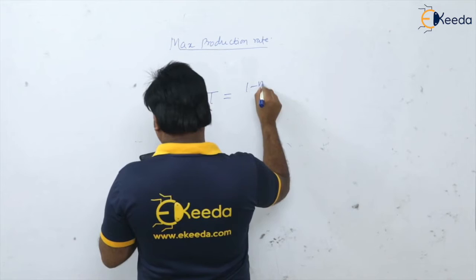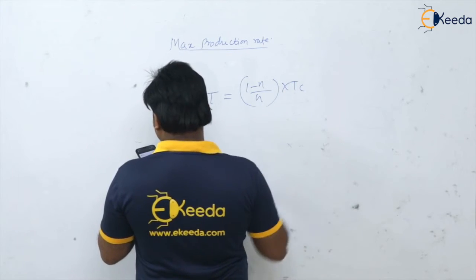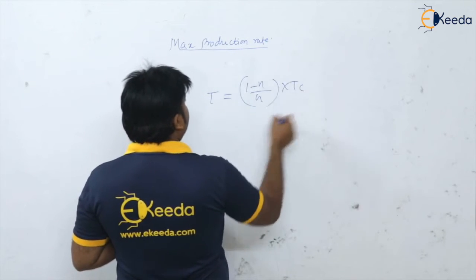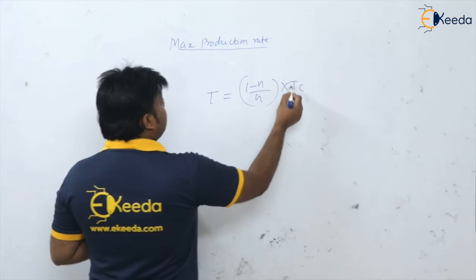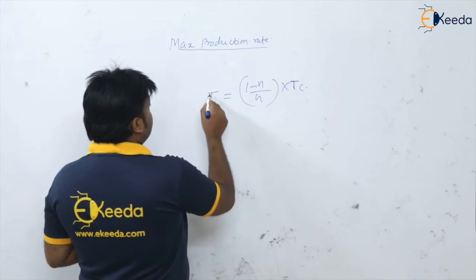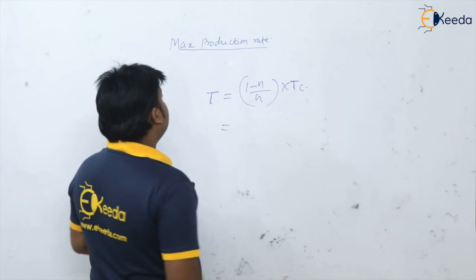It is (1 minus n) divided by n, into TC, isn't it? TC is our tool changing time, n is the Taylor's exponent, and they are asking for the tool life. Go and see the video, you get this formula there.